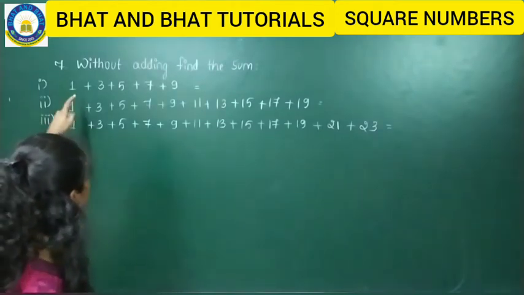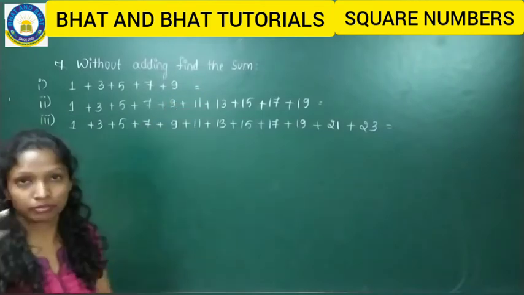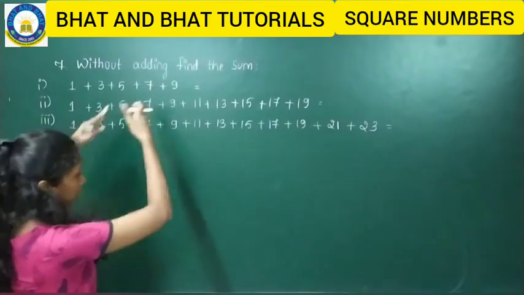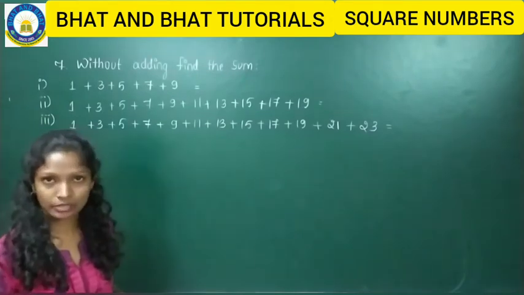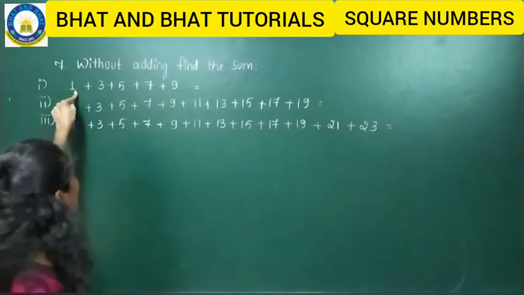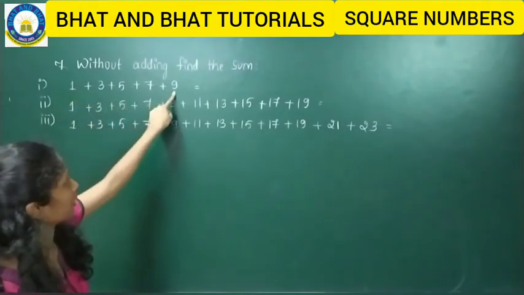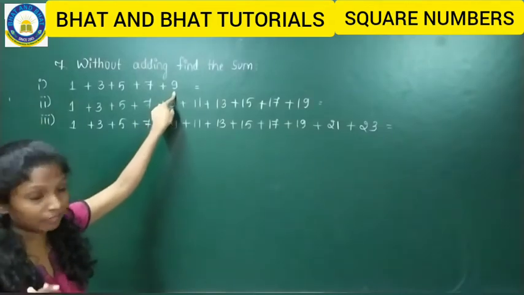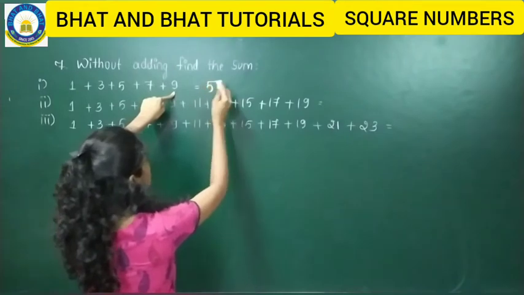First, take down the first question. Here I am writing the answer. When you write the answer, rewrite the question in the solution part and then answer. See here, how many numbers are there? First we have to check. 1, 2, 3, 4, 5. There are 5 numbers.